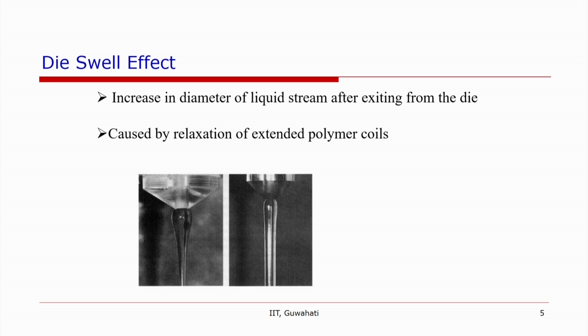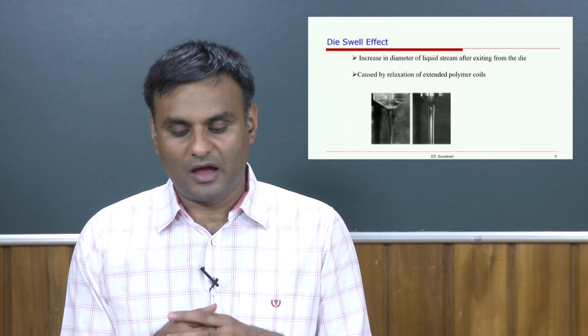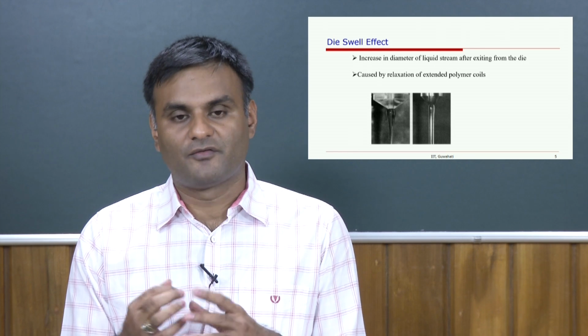Whereas for a viscoelastic material, and this phenomenon is especially observed in polymers, which show viscoelastic behavior, the diameter of the stream increases just after it exits from the die.